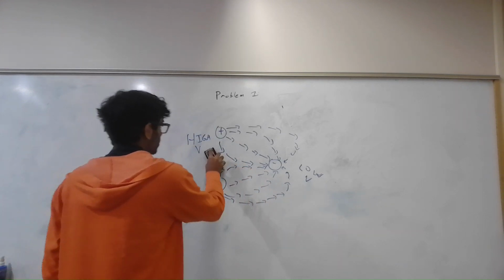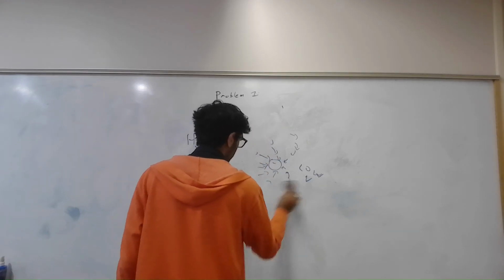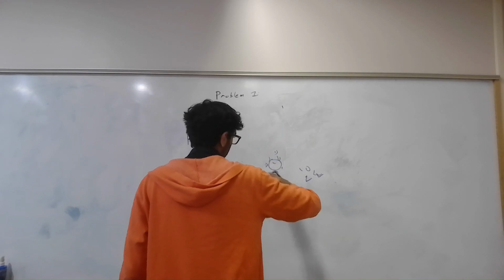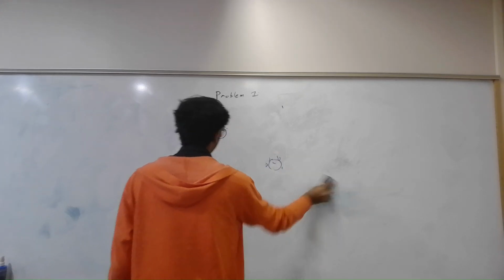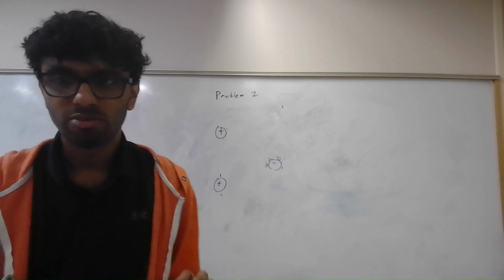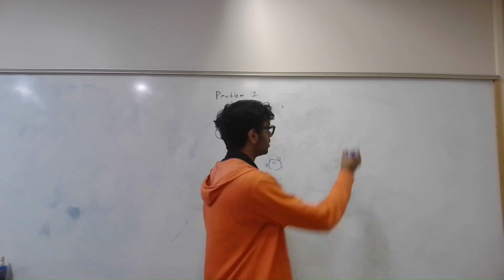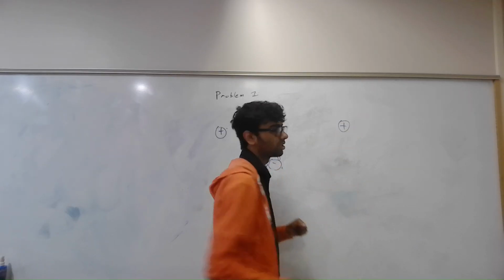Now, the actual interesting parts of this question are parts 2 and 3. So first, I asked you to draw equipotential lines. What I mean by that is, suppose we had just a single positive charge.